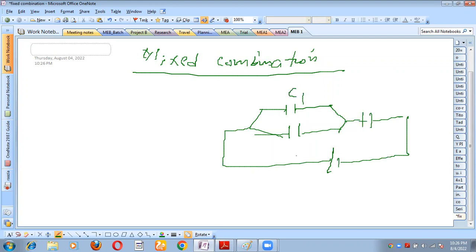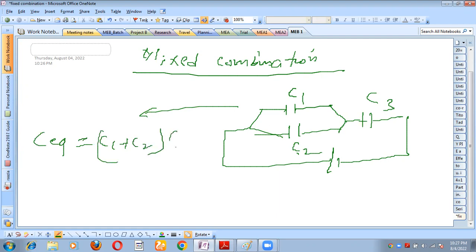Here you can see these two capacitors are in parallel, and this combination is in series with the third capacitor, right? So how will you find C equivalent? It is C1 plus C2, in series with C3, so C3 times (C1 plus C2) by (C1 plus C2 plus C3).